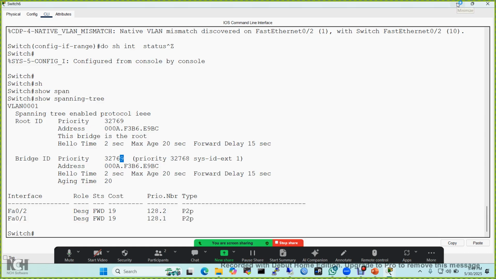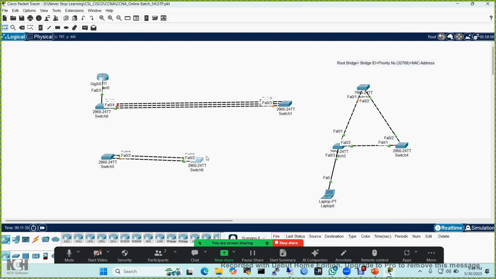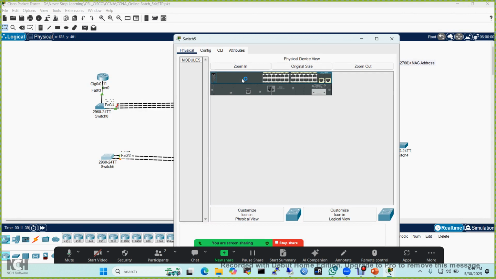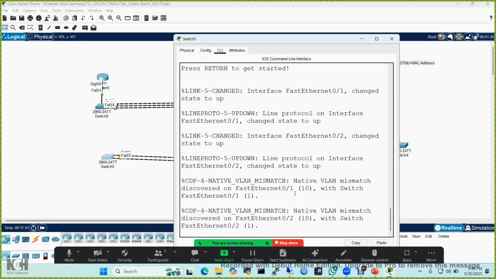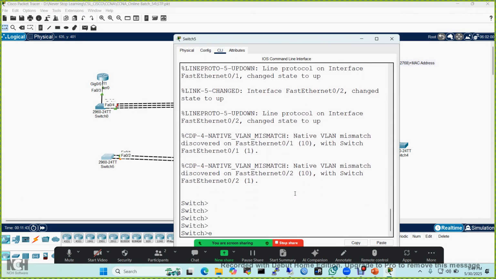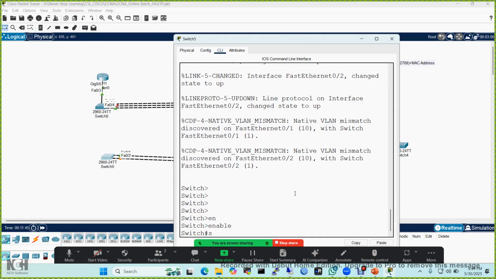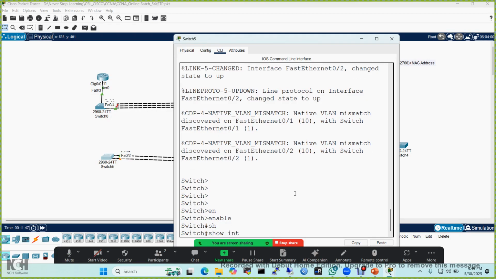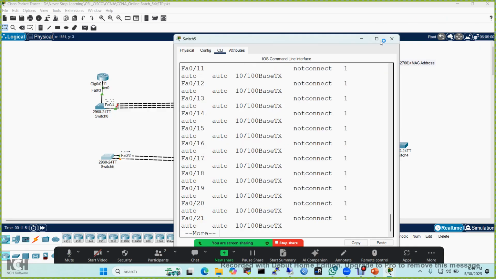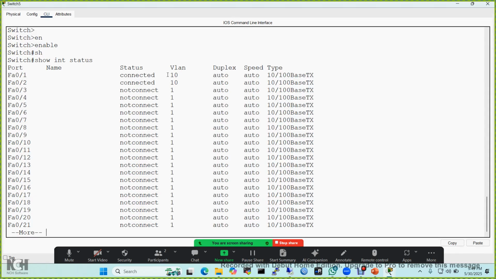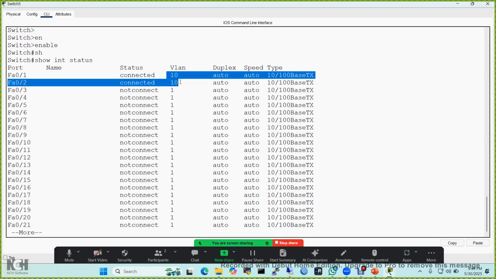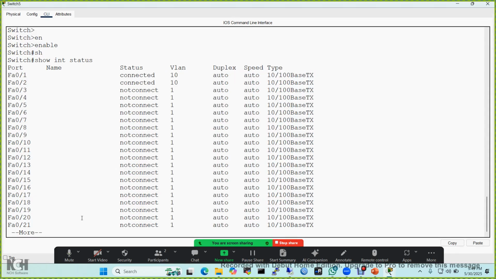Are you clear? Yes. Now for this switch also I need to change, since I have changed the VLAN. How will I check the VLAN? Show interface status. If I give this command, I can also see what the VLAN is here for FastEthernet port 0/1 and 0/2. They have VLAN 10. How will I make it VLAN 1?